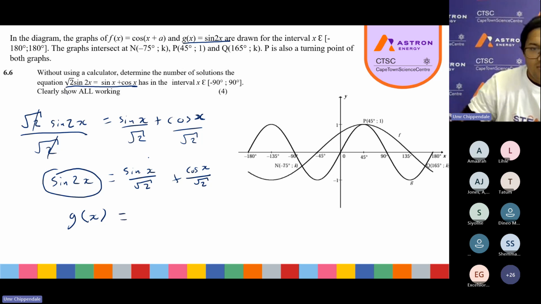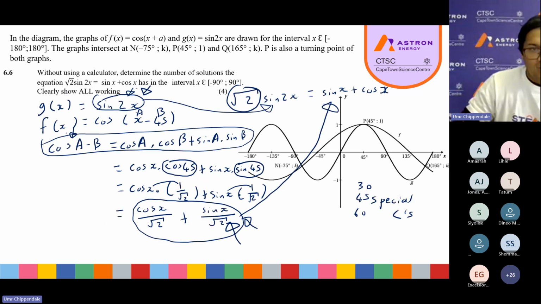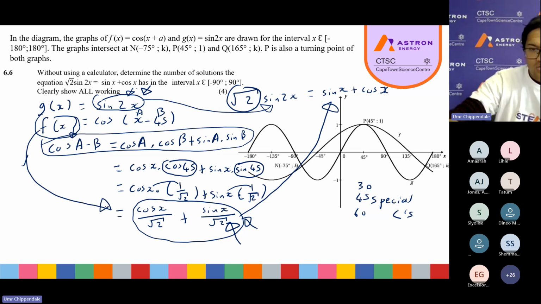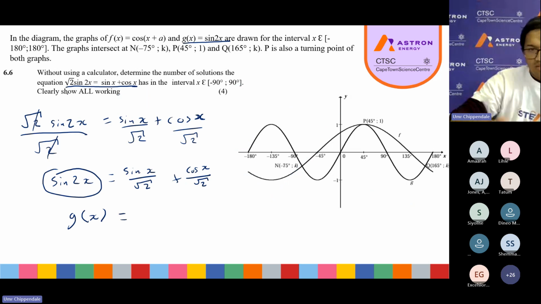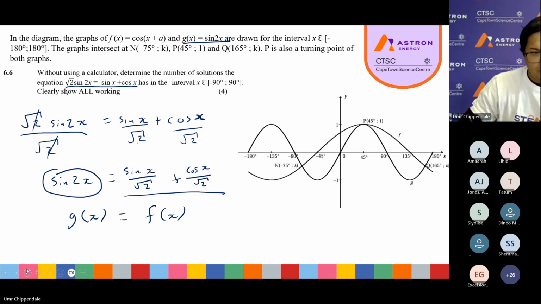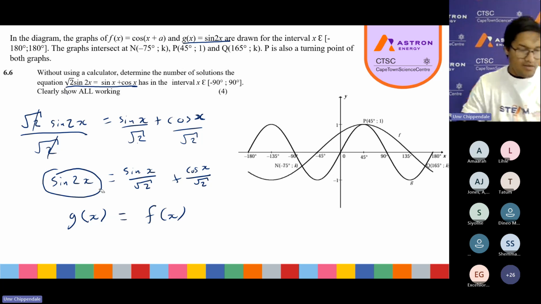I've just shown you by using this calculation, all of this was dealing with f of x, and that cos x over square root 2 plus sine x over square root 2 is what we have over here. So therefore we can say that this g of x is equal to f of x. Right? So it looks like that.